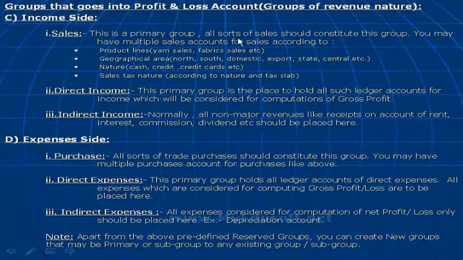It may have multiple sales accounts according to product wise, product line, geographical area, nature, and sales tax nature. And next one is direct income. This primary group is the place to hold all such ledger accounts for income which will be considered for computation of gross profit. And next one is indirect income.